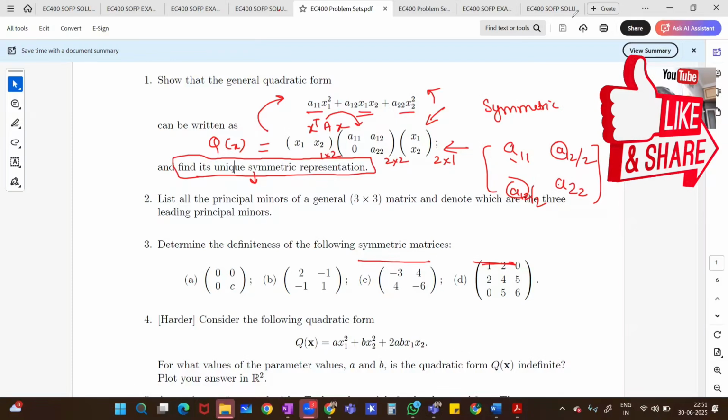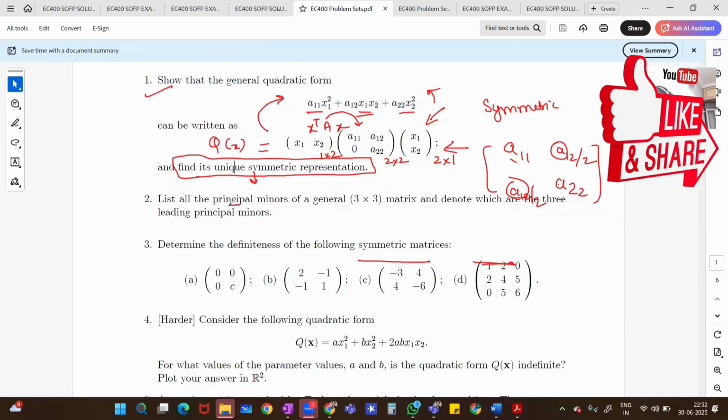Now this is going to be a11 x1 plus a12 upon 2 x2, a12 upon 2 x1 plus a22 x2, times x1, x2, giving a11 x1 squared plus a12 x1 x2 and so on. Okay, so the first question is done.